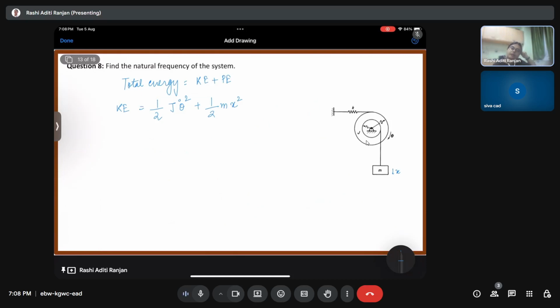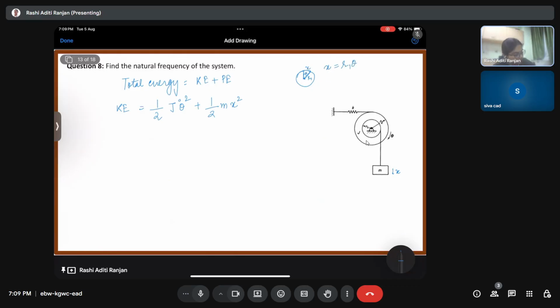Now how do we relate the movement X and theta? With a small circle of radius R1, if there is a small movement theta, this is going to be X, and hence X is equal to R1 theta.